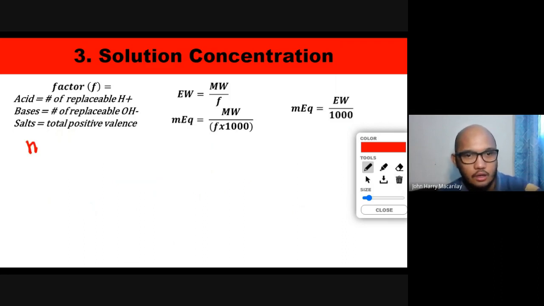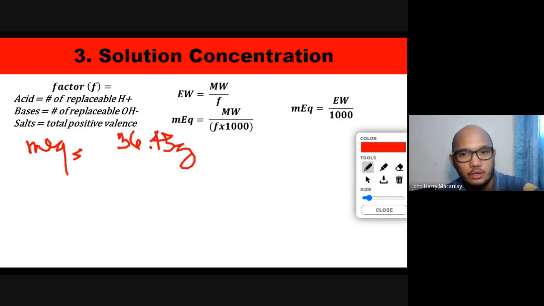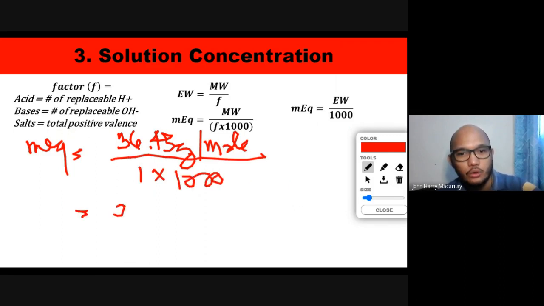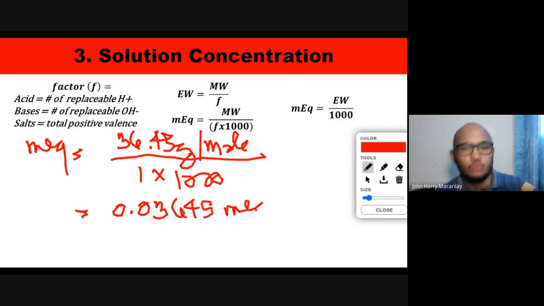So 36.45 grams per mole divided by 1 times 1,000. You will also get 0.03645 MEQ. Alright? That's for our MEQ and for the factor. So that's for normality. Let's have an example for computing molality, molarity, and normality so that we can compare the following.